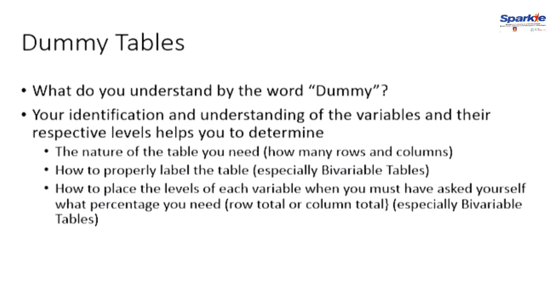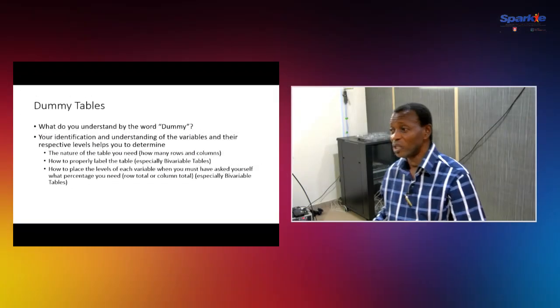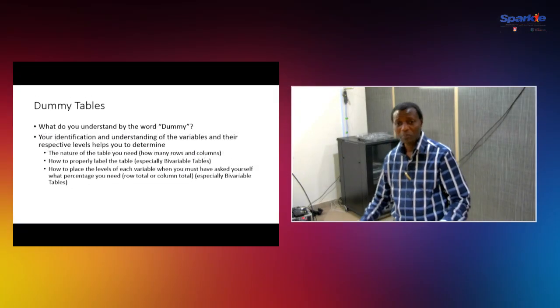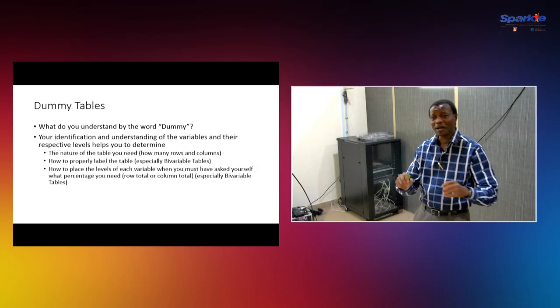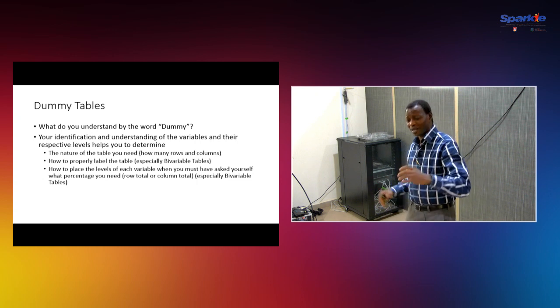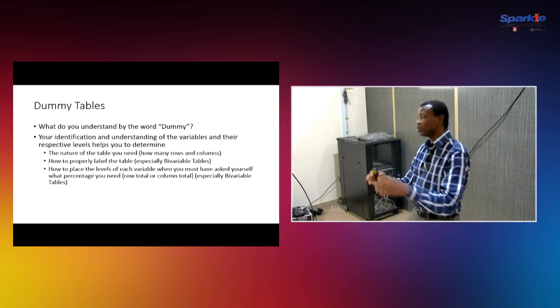Especially by variable tables. For univariable tables, it's just a matter of frequency and percentage. For me as a statistician, I love to go with valid percentage. Why am I using valid percentage? It will take care of missing values. Okay, it will still add up to 100.0, but it will take care of missing values so that I'm not just going to put in zeros into the table.